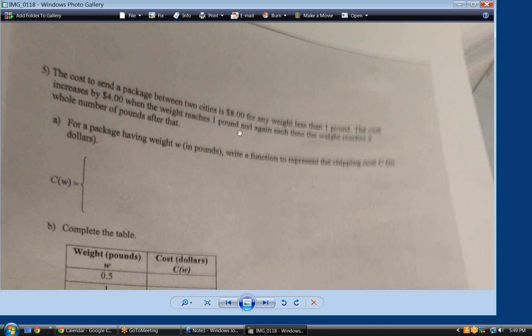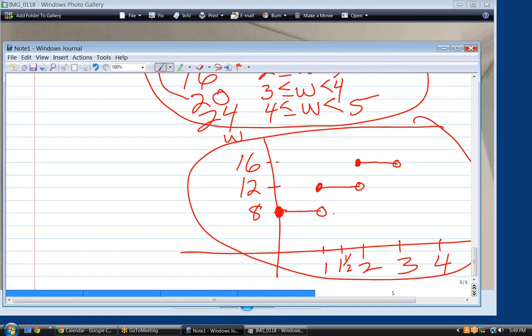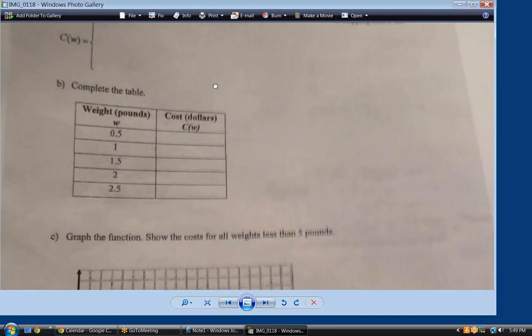So 1.5 would just be an extra $4, so the cost would be 12. And that's what my graph shows. If you go to 1.5 on the W-axis, well, you're at 12. Anywhere between 1 and 2, the cost is $12. How about at $2?